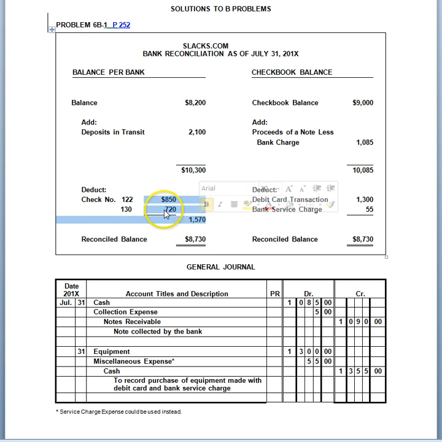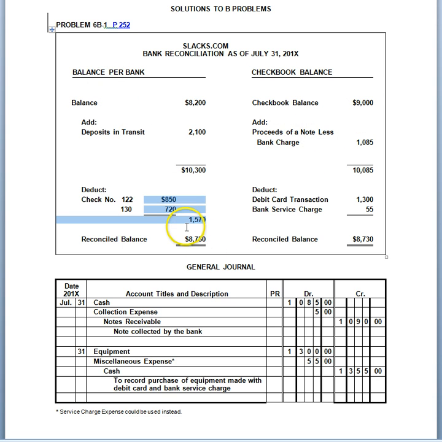That's probably the most common reconciling item on reconciliations. We pay our bills by check. We send them out maybe toward the end of the month. They don't get to the recipient, or the recipient hasn't yet presented them for payment. Therefore, they have yet to be subtracted by the bank.